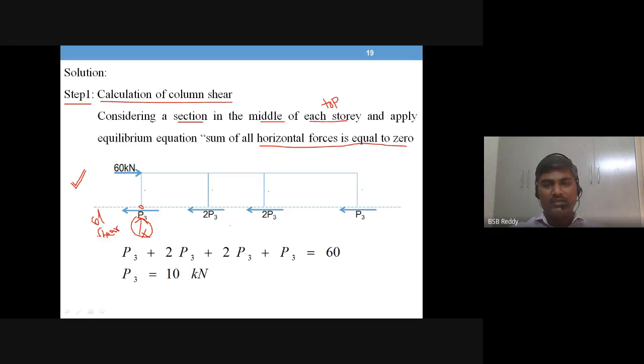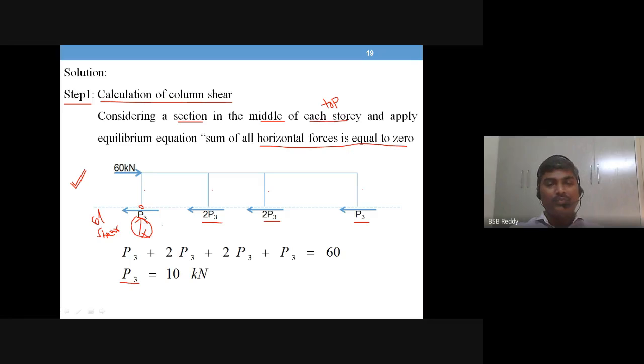As this is the third story, I have mentioned column shear as P3. Okay. So now you apply assumption 2. So for exterior columns, the force is P3. For interior columns, it becomes 2 times P3.